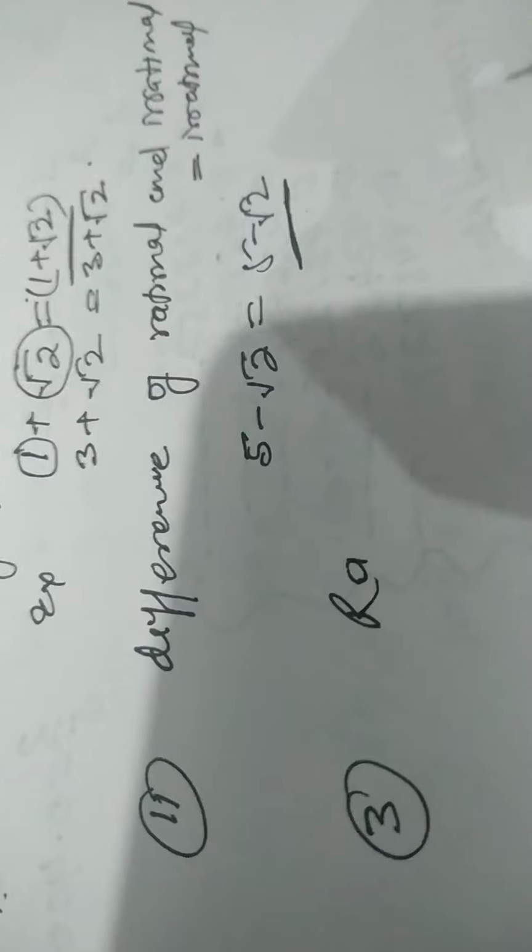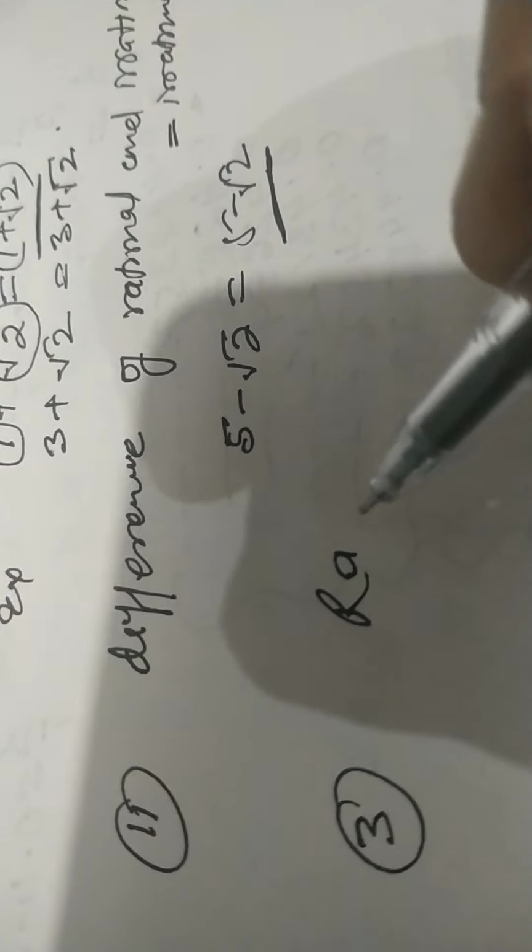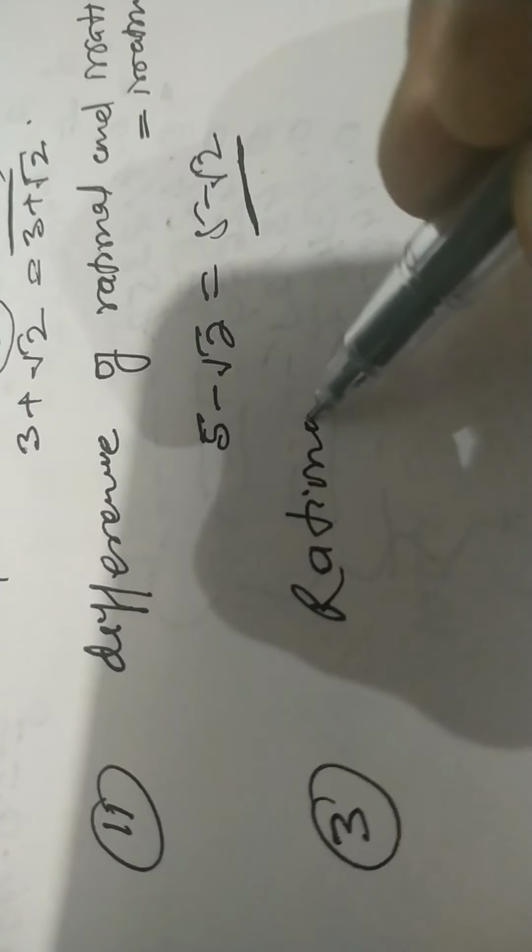And third is a rational divided by an irrational. A rational number divided by an irrational is equal to irrational.